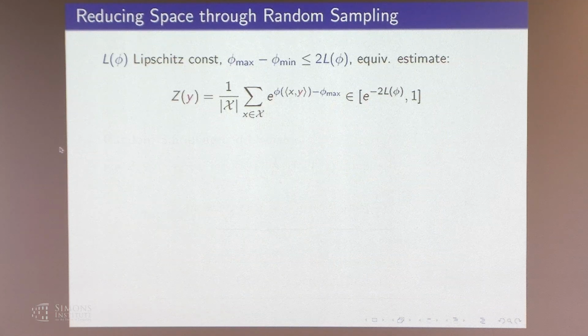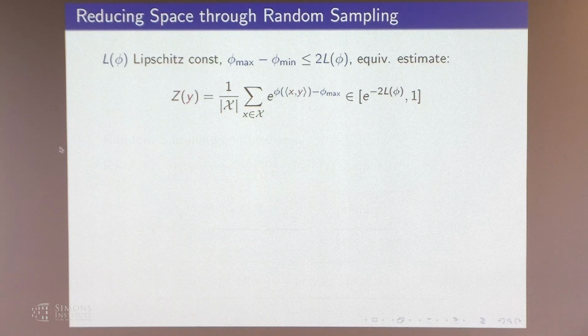Okay, so let me say one thing about this before I start. All of our results are going to be parameterized by how this function phi behaves. The one thing that we need about this function phi is the Lipschitz constant, how fast this function phi changes. Let's say L of phi is the Lipschitz constant.